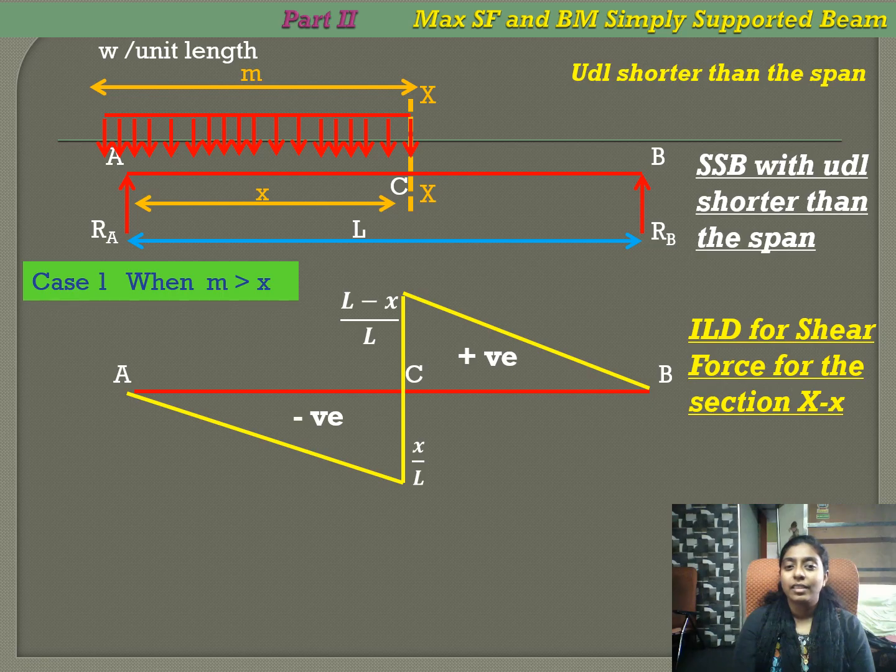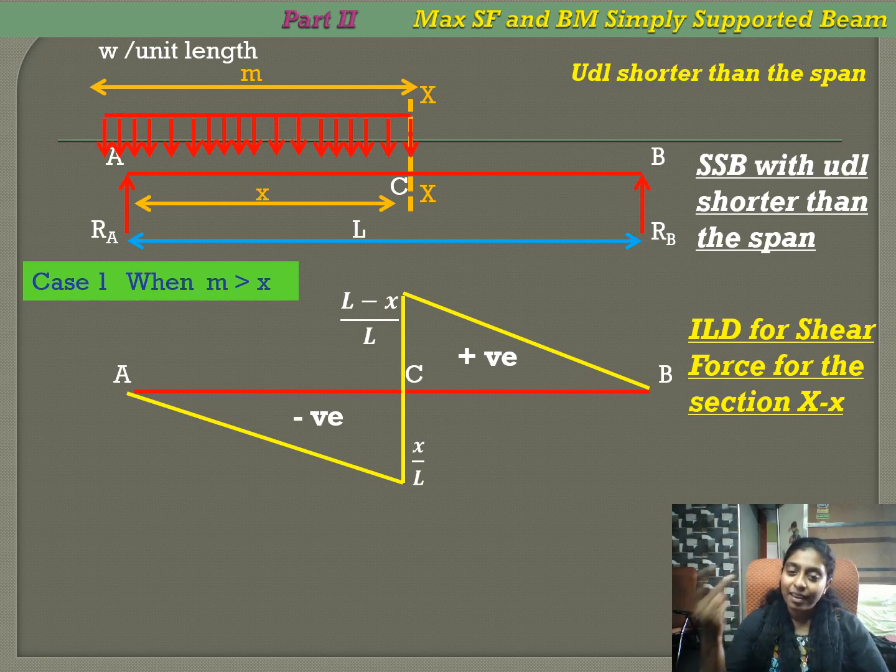For both negative and positive shear force, a section is taken at C at a distance x, and when the UDL is shorter than the span, we will have two conditions. M is the length of the load, L is the length of the beam, and x is the length of the section. So, M is less than x and M is greater than x.